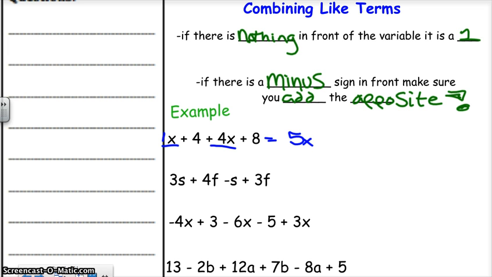And then the constants are like terms as well. 4 plus 8 is equal to 12. That is my final simplified expression. 5x plus 12. It is not 17x. I want 100% of my 8th graders to never write 17x. That's what so many kids love to do. Don't love it. Love keeping it like this. Do not combine unlike terms.